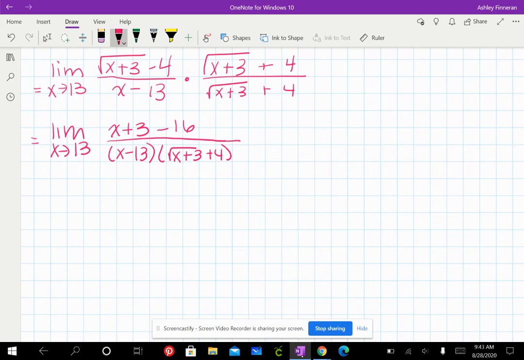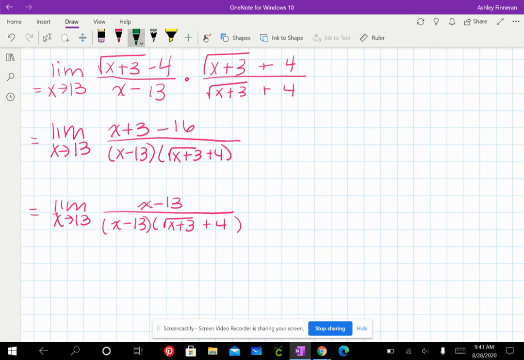And then hopefully you notice that on the top, we get the limit as x goes to 13 of x minus 13 over x minus 13 times the quantity radical x plus 3 plus 4. And then x minus 13 divided by x minus 13 gives us 1.